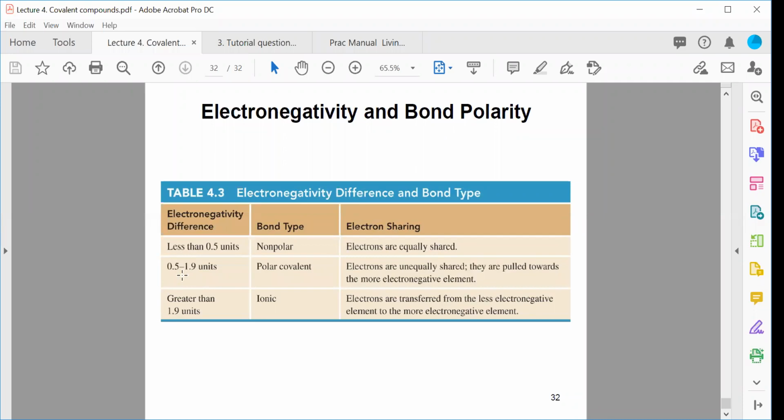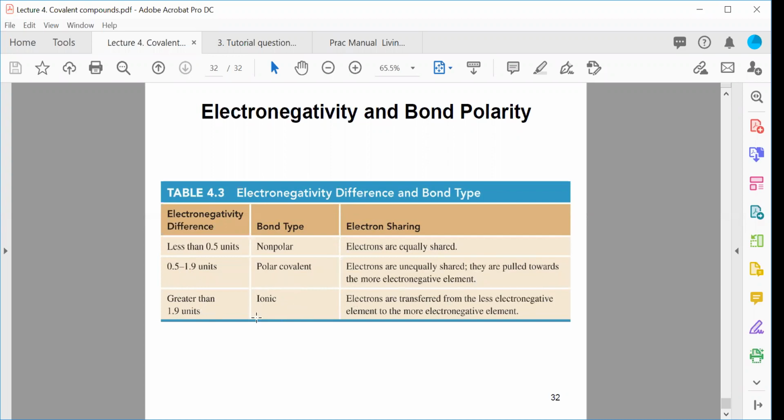Where the electronegativity difference is between 0.5 and 1.9, the bond type will be polar covalent, which means the unequal sharing of the electrons. The electrons in that covalent bond pull towards the more electronegative element. Now, if the electronegativity difference was greater than 1.9 units, then it is no longer a covalent bond.